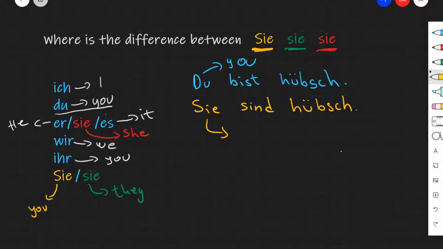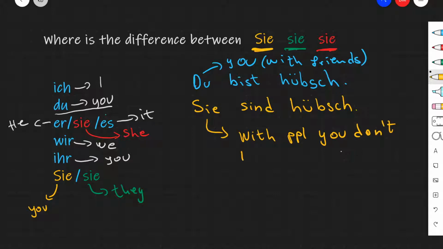So, du with friends, and Sie is used with people you don't know or are in a higher position.